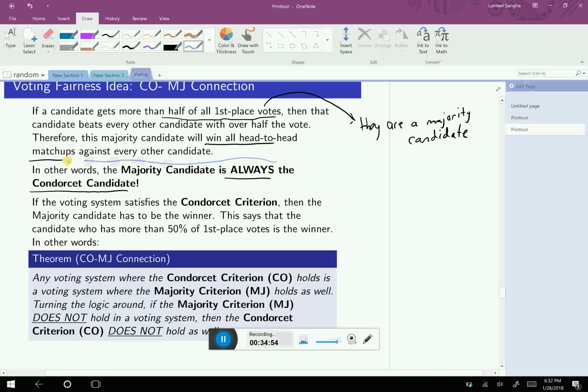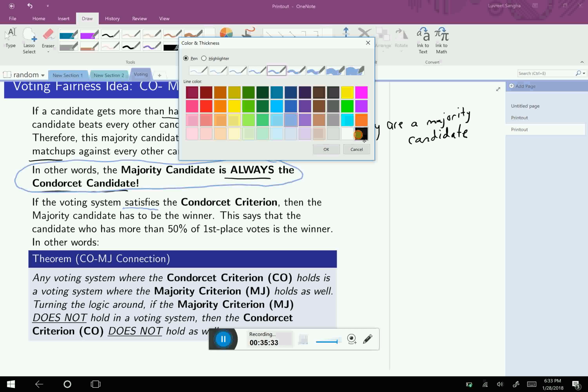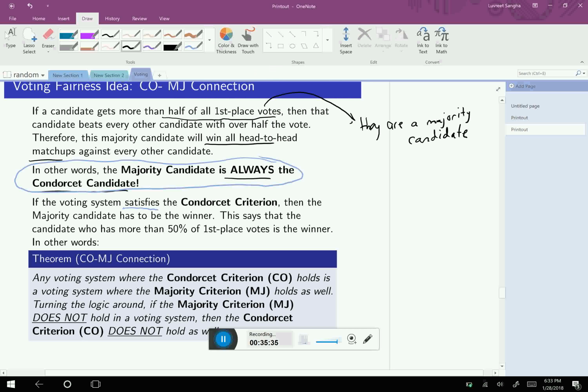I'm going to circle that. A majority candidate is always a Condorcet candidate, because a majority candidate will always win all of their matchups, because they beat everyone else with over half of the vote. Okay, so what that means is, if the voting system satisfies the Condorcet criterion, then if there is a majority candidate, that person has to win.